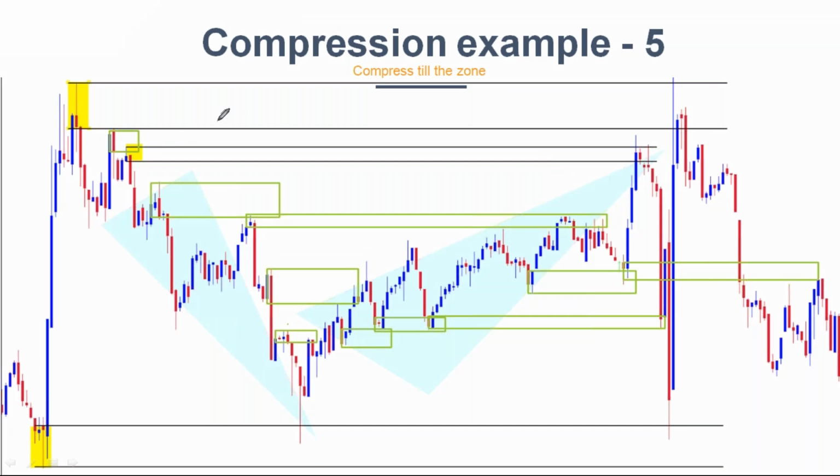Think about this, friends. This is a rally, base, drop. If you take the entire zone, this candle has tested it. Now rally, base, drop. Now this is a full zone. After the base, this one has tested it. Now drop, base, drop.